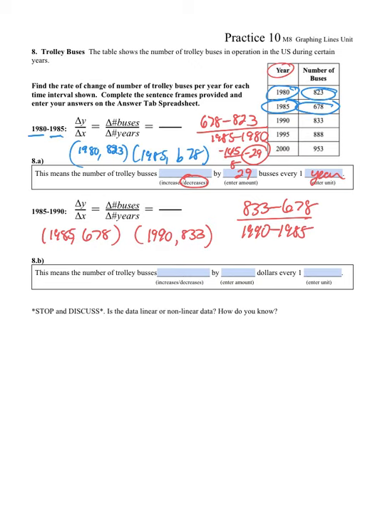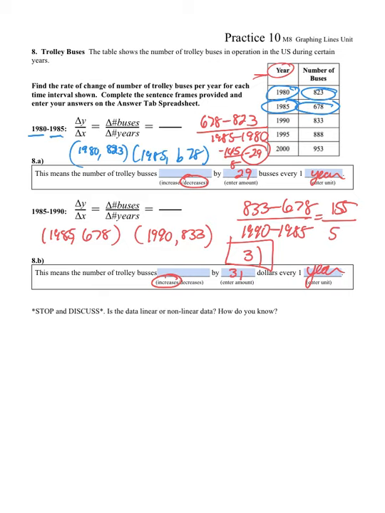That's 155 divided by the 5-year interval, which brings you positive 31. All right, so right there you can see that the data goes down, then up. So if it's positive 31, that means it increases by 31 buses every year.